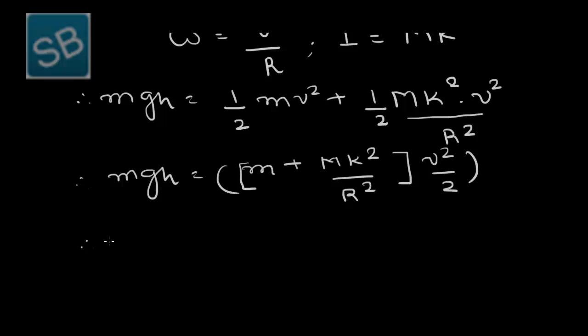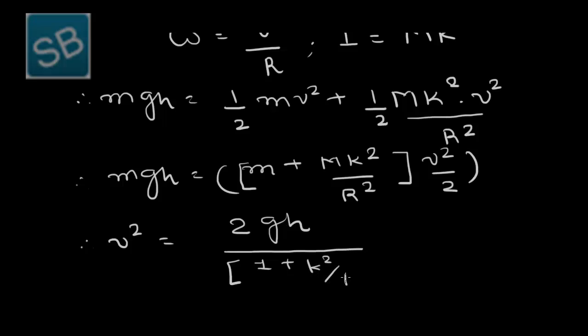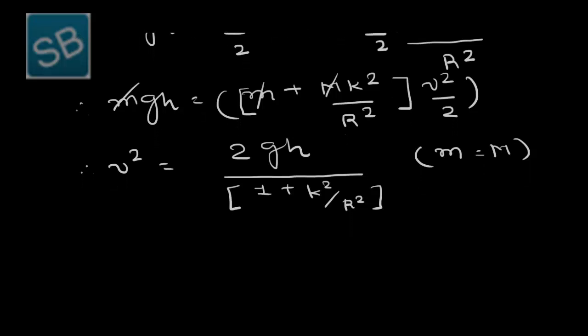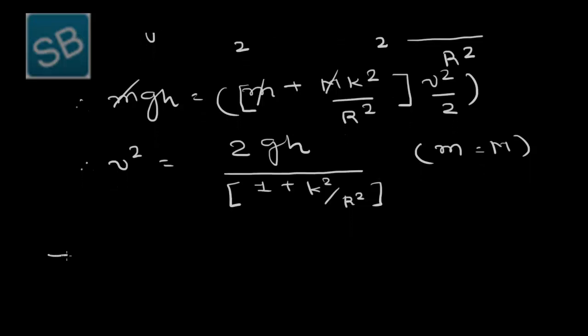So my equation will be, these two will come to this side, so 2gh, and this m will be cancelled out, into 1 plus k square over R square will be as it is, and here we have considered in the rigid body m is equal to capital M. So this m and the left hand side m will be cancelled. Now suppose the length of the slope which you have seen in the figure of the inclined plane is small d.